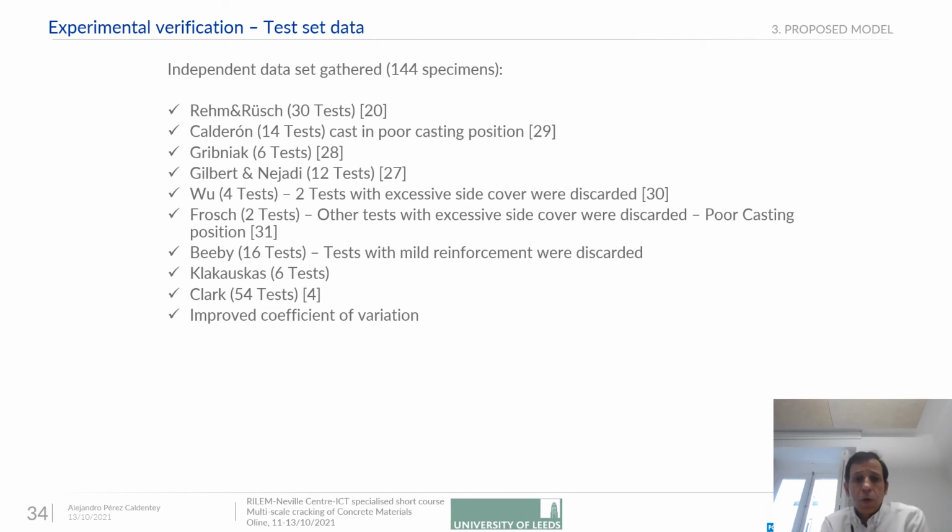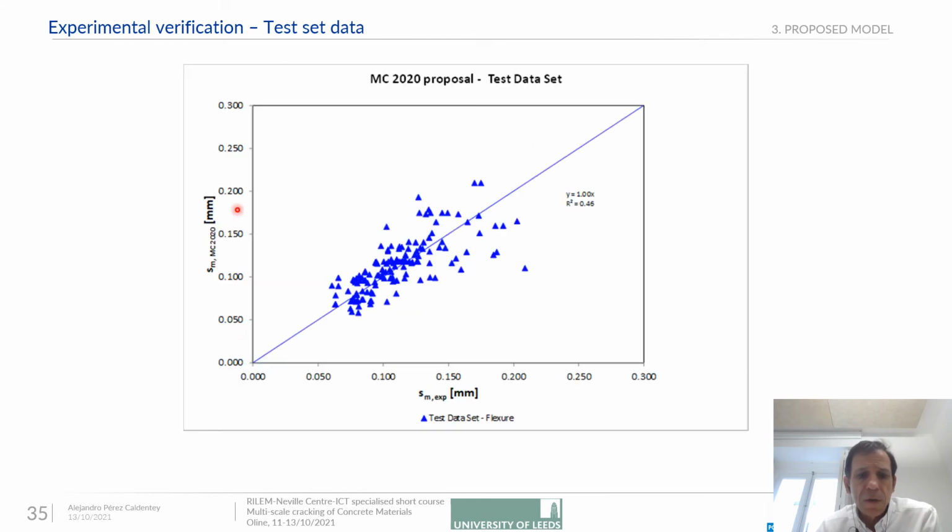We also tested this calibration against an independent data set. This was provided after calibration by Gintaris Kaklauskas, and here is a list of the tests which are included in this database. And this is the plot of the agreement between the theoretical and experimental values of crack spacing.